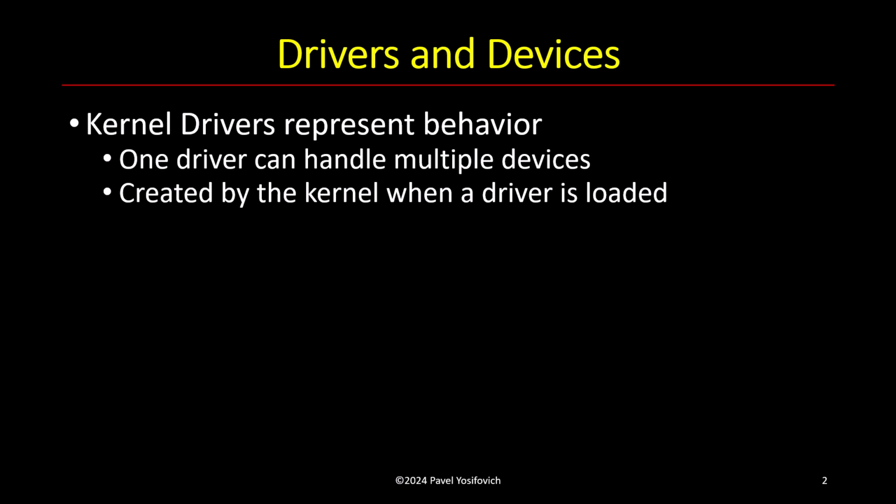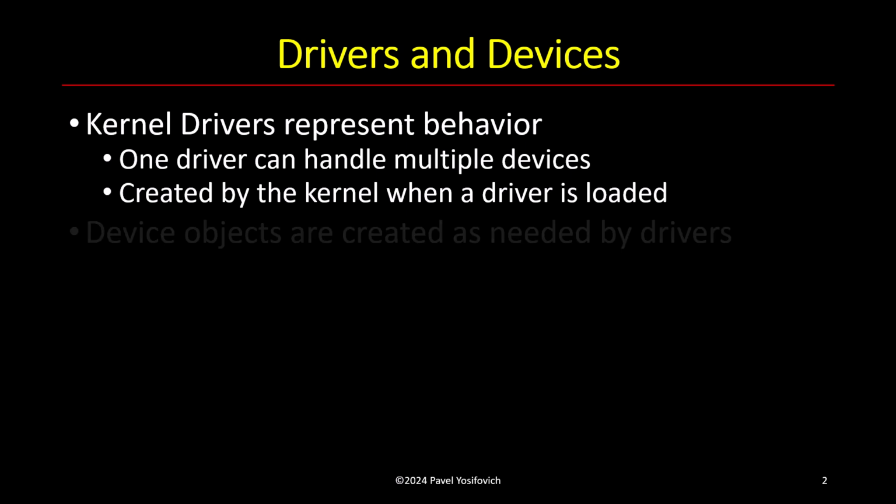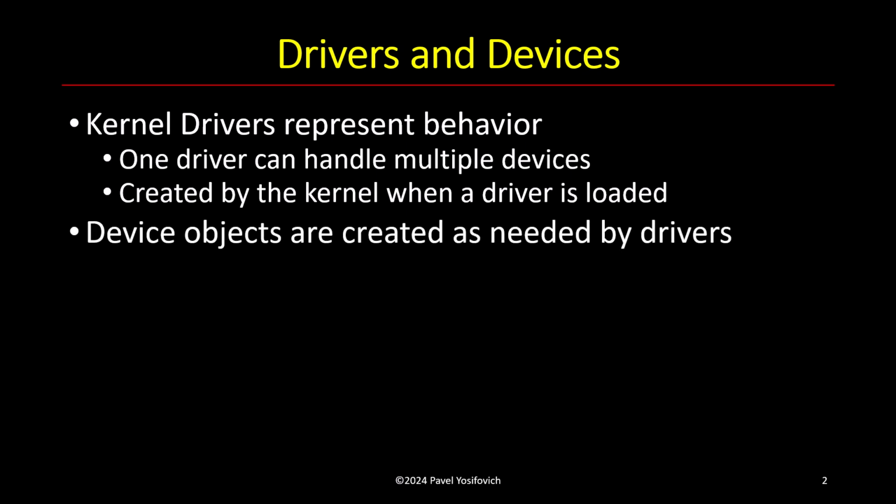From a driver perspective, the driver object itself is a data structure that is fully documented, or at least almost fully documented. It's created by the kernel and provided to a typical driver using the DriverEntry function, which is like the main function of a driver. Device objects, on the other hand, from a software perspective, are created on demand by drivers as new devices they need to take care of appear in the system.